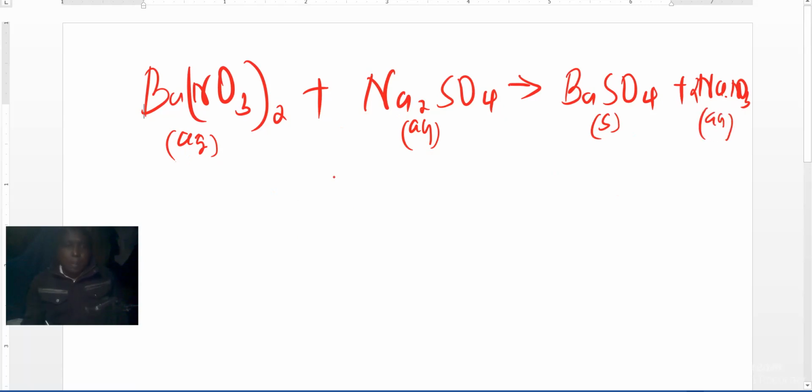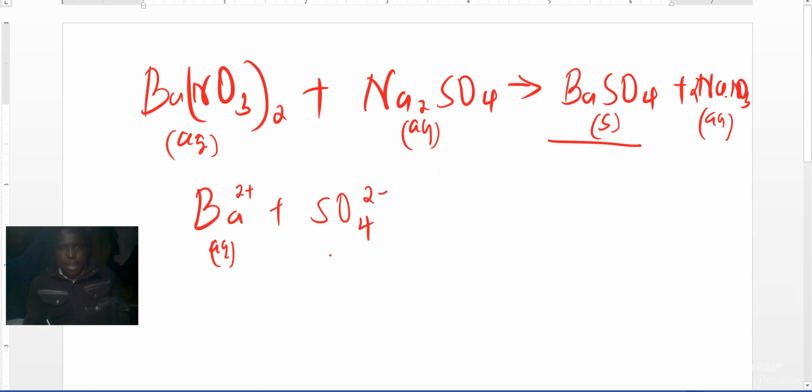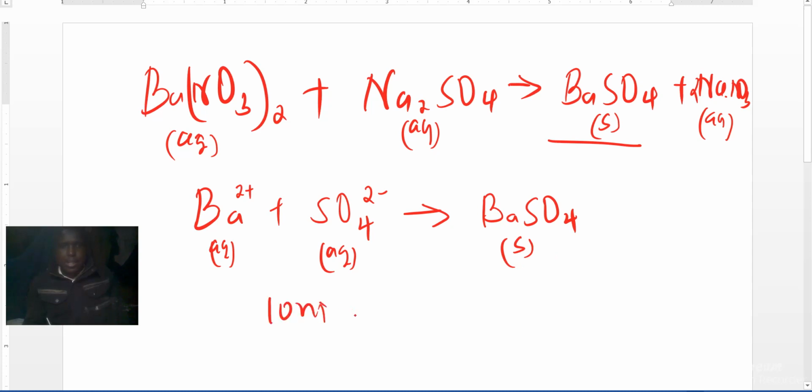Now you simply write the ions which form the solid only. So you just write barium ions aqueous plus the sulphate aqueous, which will form barium sulphate solid, and this is the ionic equation.